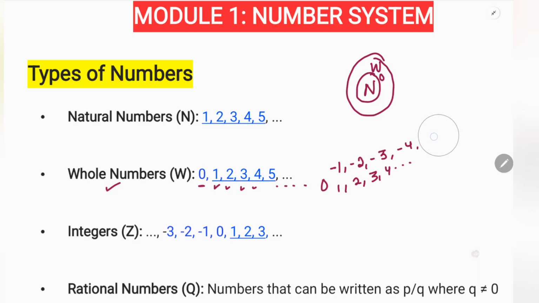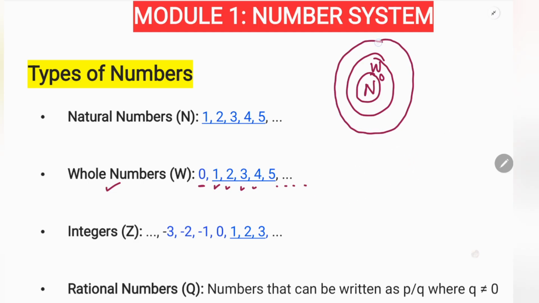So if somebody asks you about integers, integers are bigger than whole numbers and natural numbers. So natural numbers were the smallest, then whole numbers because they had 0 as well, and now negative and positive whole numbers are known as integers.